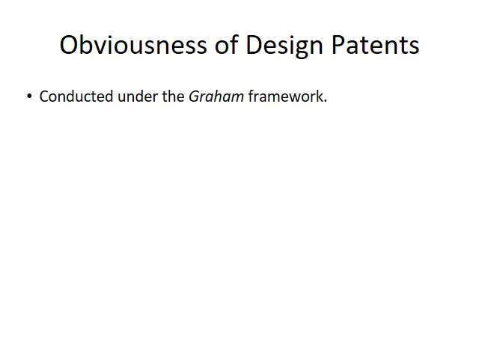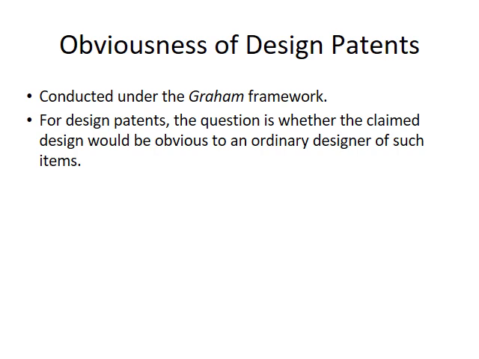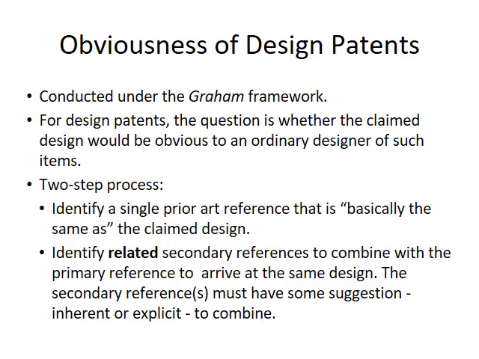So it is still conducted within the framework of Graham. The questions, however, within the Graham framework are slightly different. So for design patents, the question is whether the claimed design would be obvious to an ordinary designer of such items. So now we're talking, that is the person having ordinary skill in the art for an obviousness analysis. And you undergo a two-step process. You identify a single prior art reference that is basically the same as the claimed design.